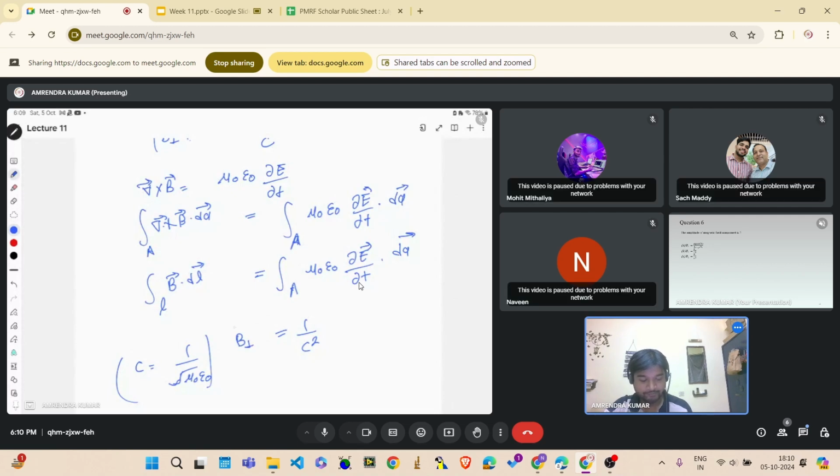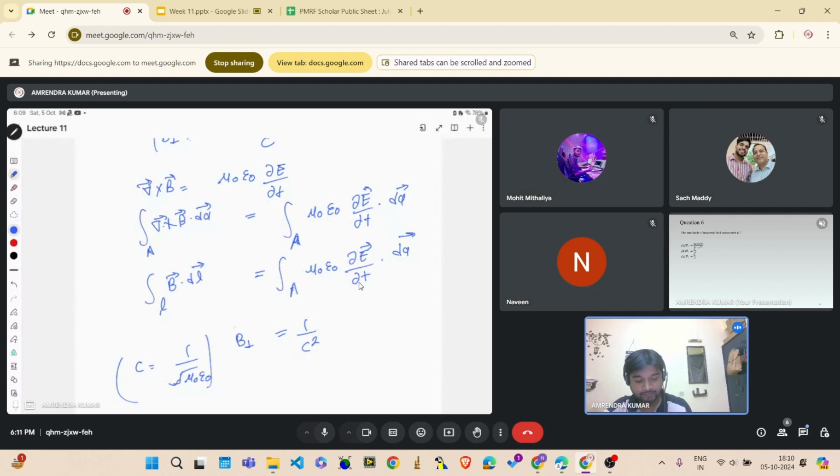If you make it like this, you can see the area is in this direction, E direction. This and this are anti-parallel, so they will cancel out. And this one and this one.